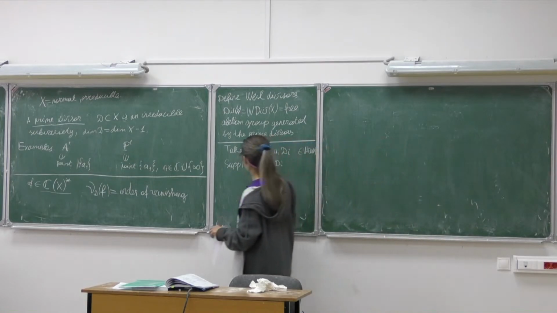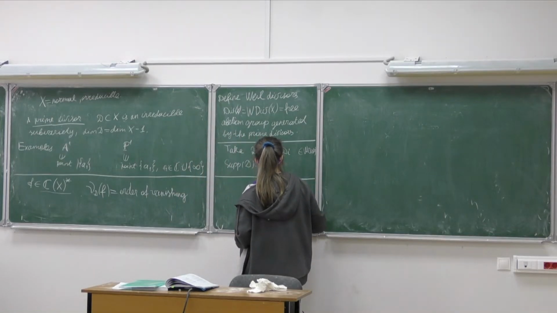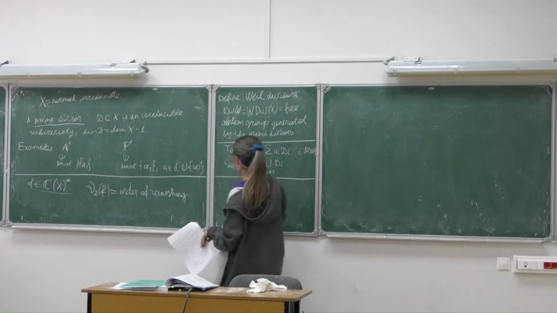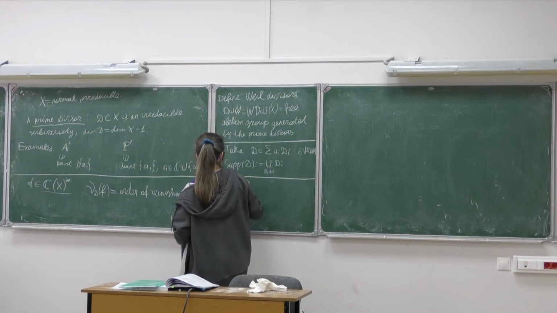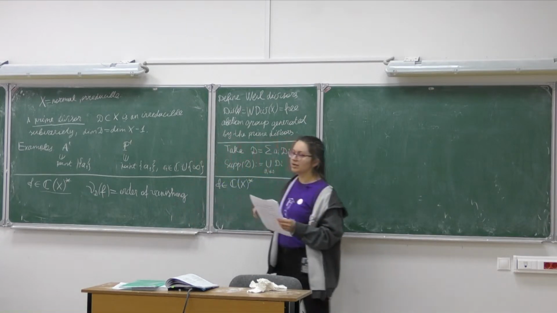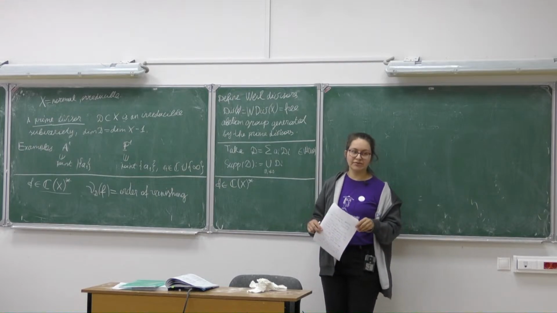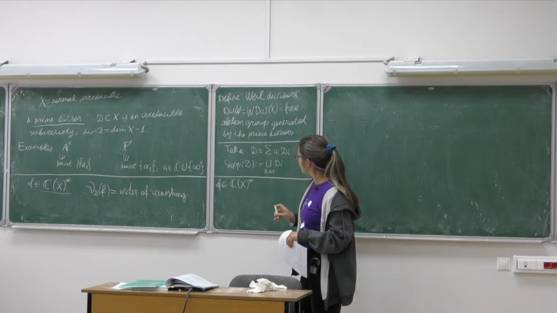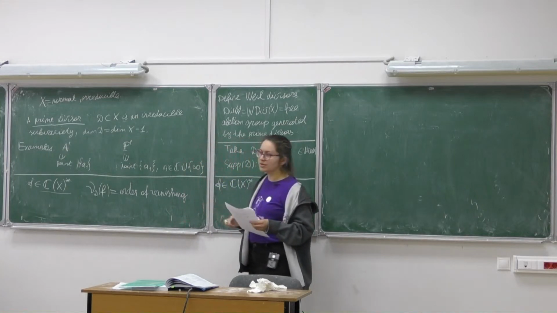And what else? Given any rational function on our variety, f from C(X) star, I want to say that we can associate a divisor with this function, which will be informally saying the set where this function cannot be defined.